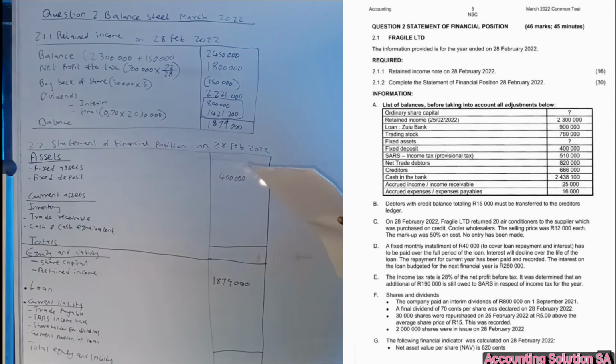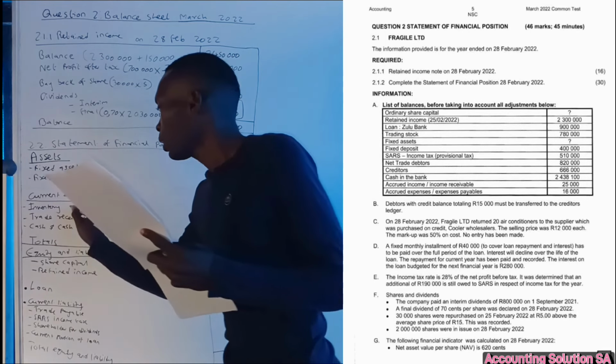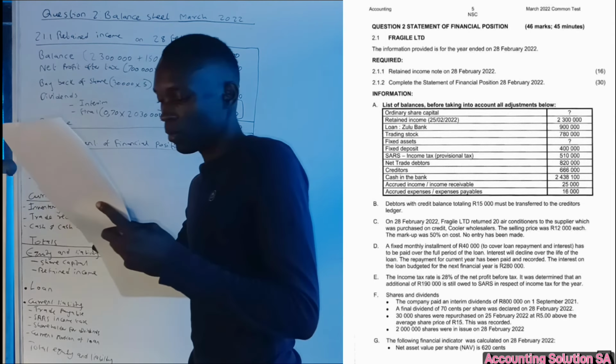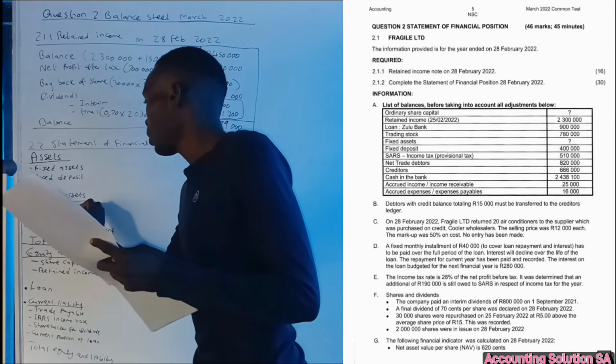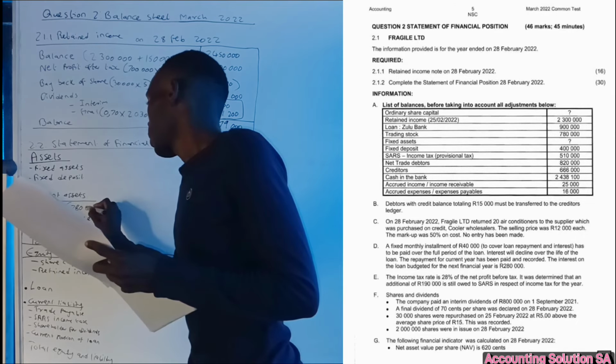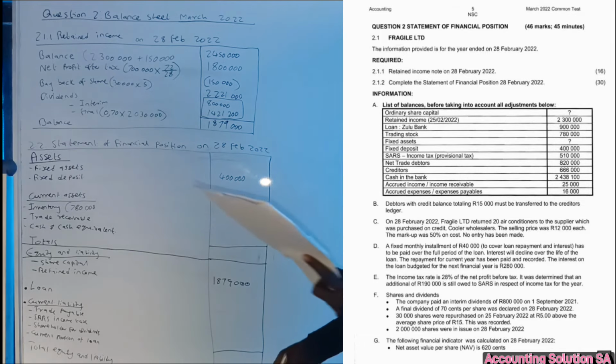Okay, and another one, we have a trading stock. For the trading stock, we have an adjustment that we need to make. So we're going to put 780 in brackets and check the transactions.